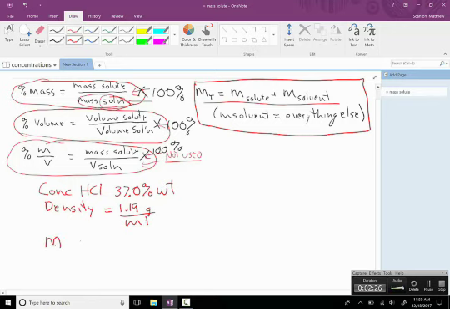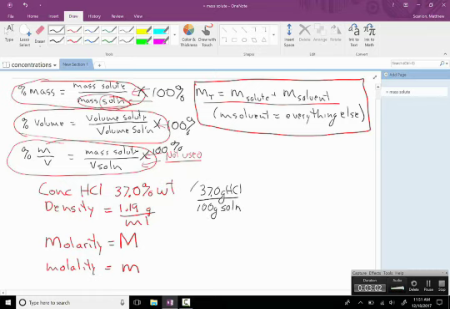So I'm after the molarity, capital M, and the molality, small m. The molarity is real easy. I'll do it over here to the side. I just start with my definition, 37.0 grams of HCl per 100 grams of solution, and very carefully with my units here, times 1.19 grams of solution per milliliter of solution.